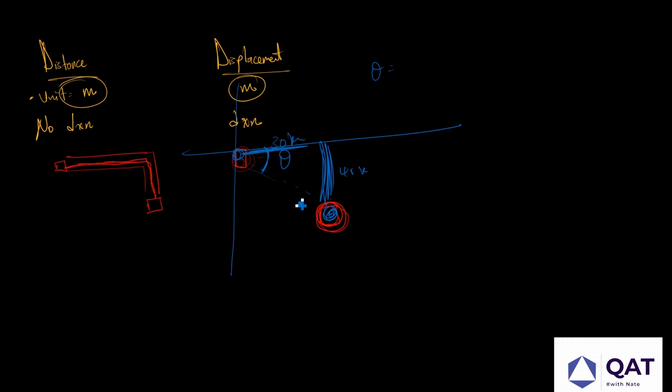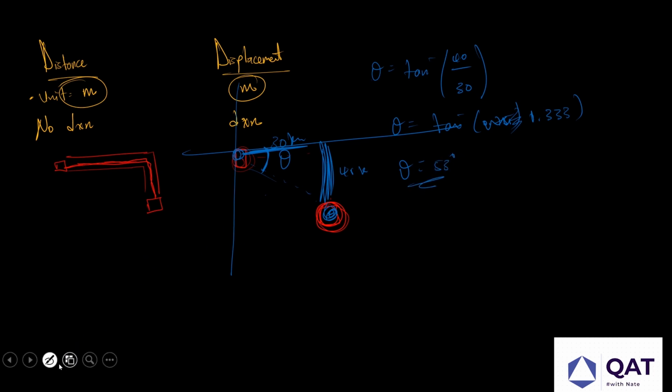I can also use this one, but it's better to use the dimensions that were given at the start. So theta will be tan inverse of 40 over 30, which is 1.333. So theta is 53 degrees.